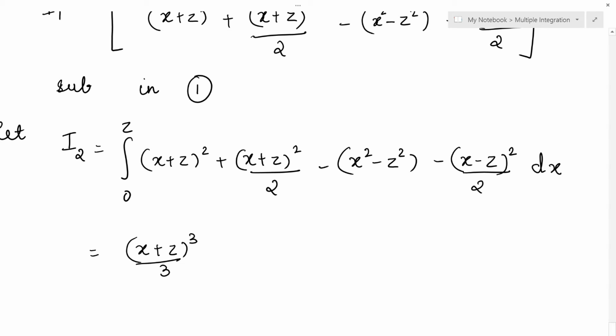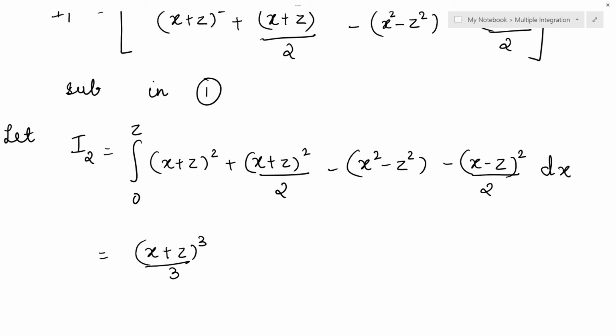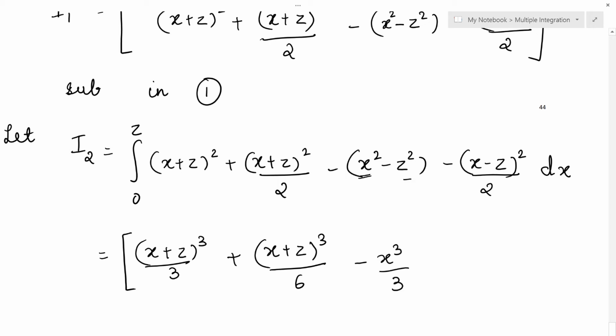Then I can open these brackets, a plus b the whole square, and simplify this. So let me open the brackets and simplify. This will be x plus z the whole cube by 6, and let me open the bracket. That will be x cube by 3 minus z square x, right?